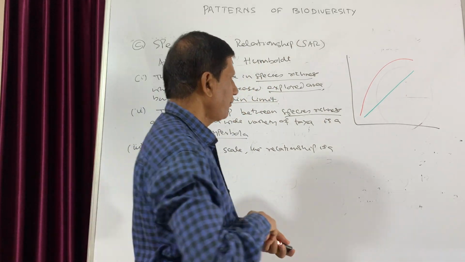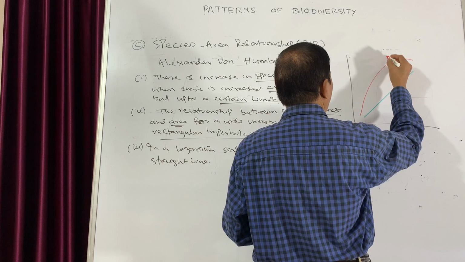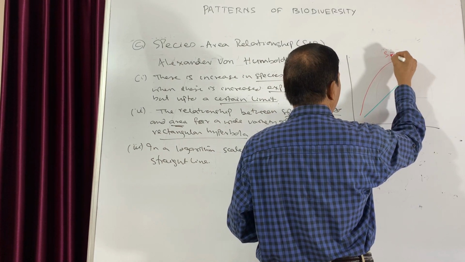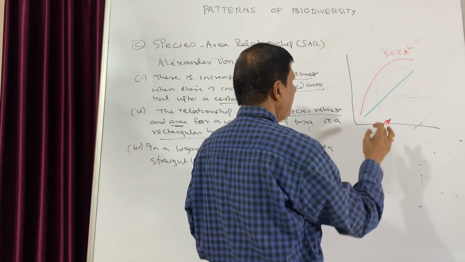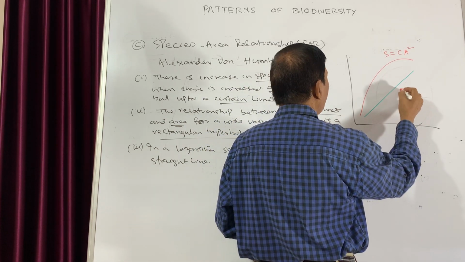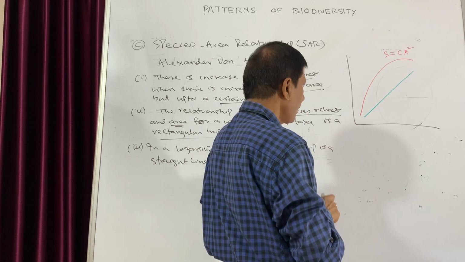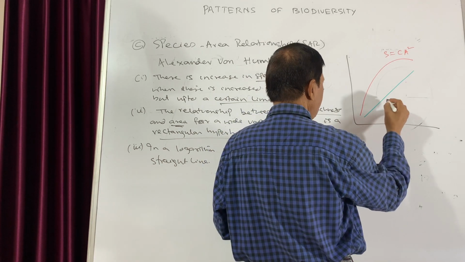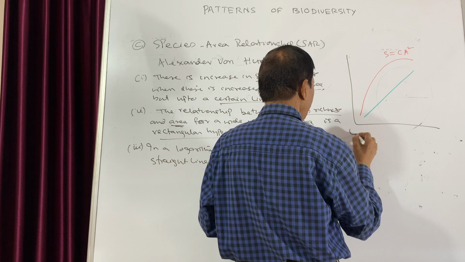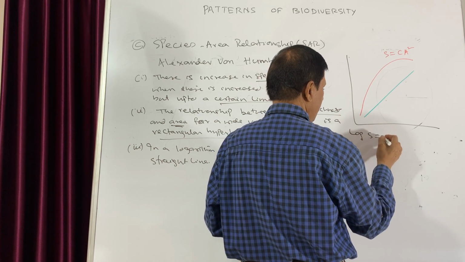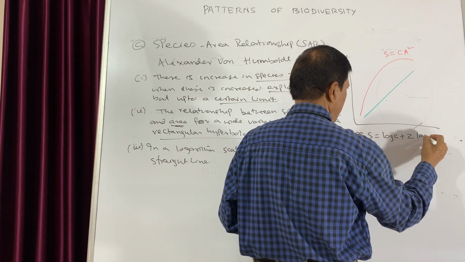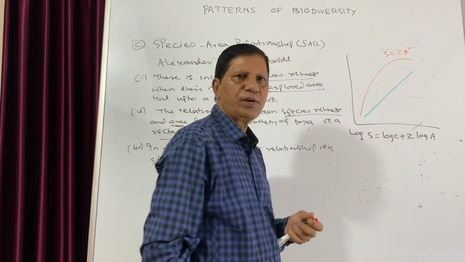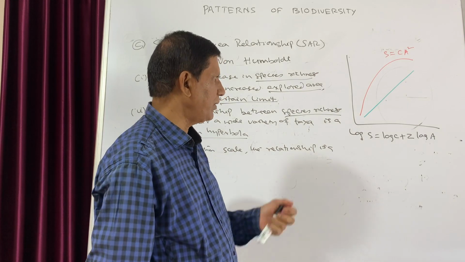So this is according to the logarithm scale, while this is known as rectangular hyperbola. Here, for this rectangular hyperbola, S is equal to C A to the power Z, while for the straight line the equation is log S is equal to log C plus Z log A. This is the equation you have to remember because it is important from the examination point of view.